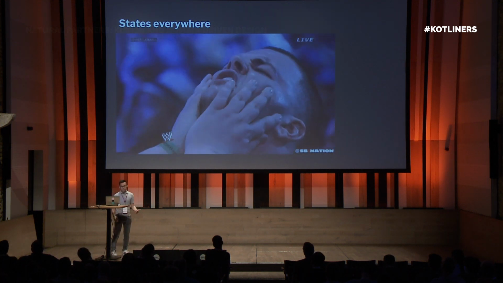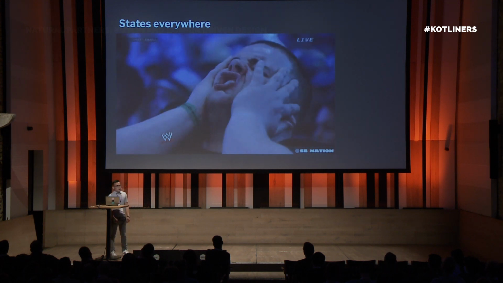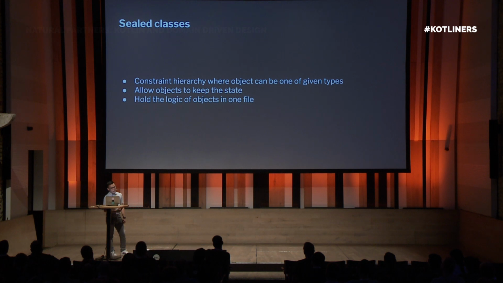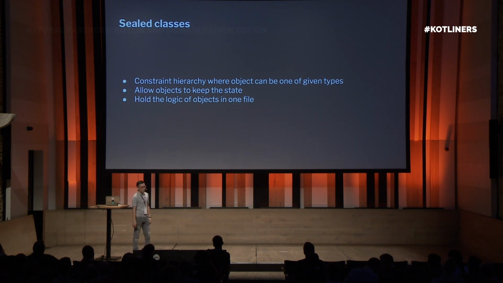What we found really useful in Kotlin is basically sealed classes. Sealed classes are a constrained hierarchy where an object can only be one of the given types, and it gives us the possibility to store the state of the object itself.